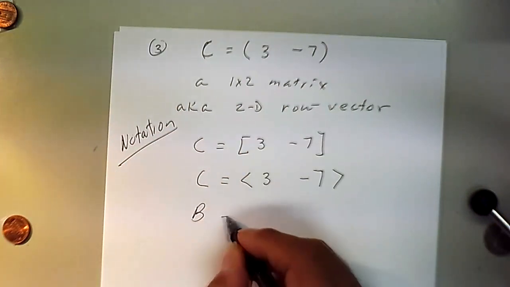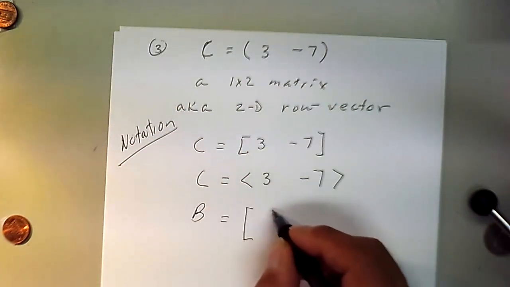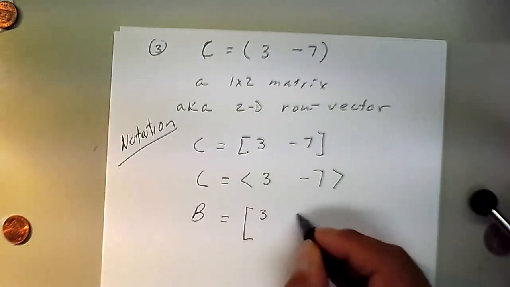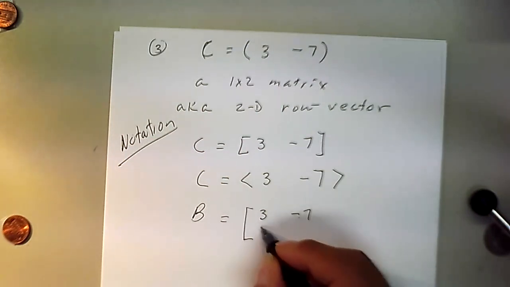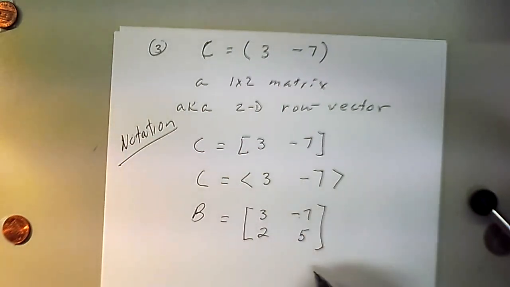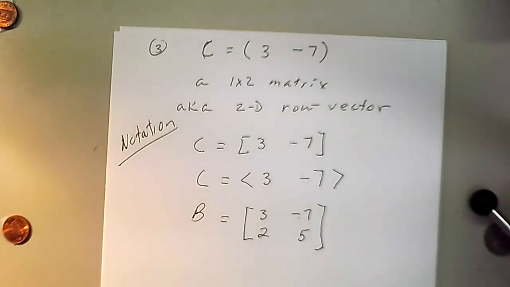So B, if you put a rectangular as opposed to a round parenthesis around it, 3 -7 2 5, it's the same thing as the B we had earlier in example 2. Yeah, there's no difference.